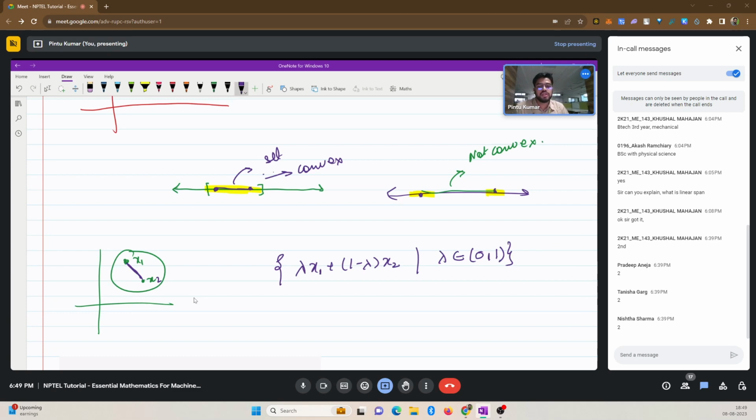Now if this set is S, and this line is a subset of S for every x1 and x2 belonging to S, then S is a convex set.